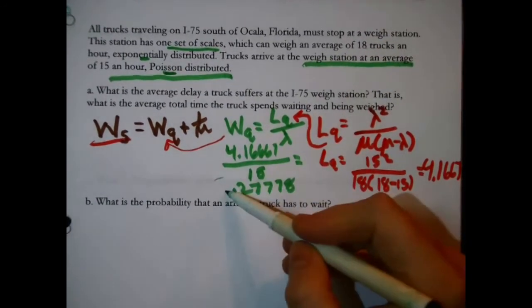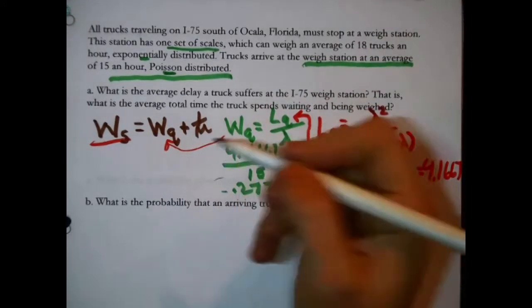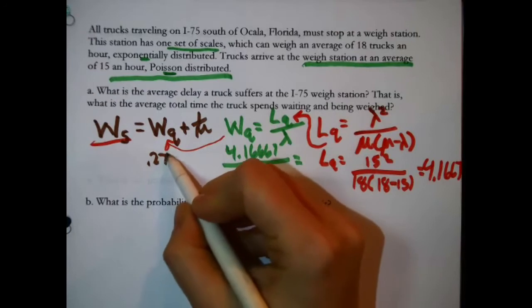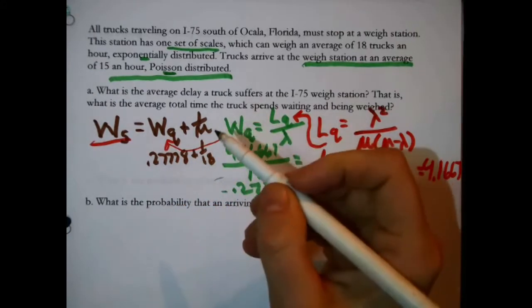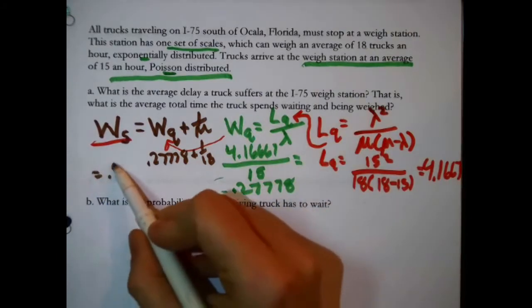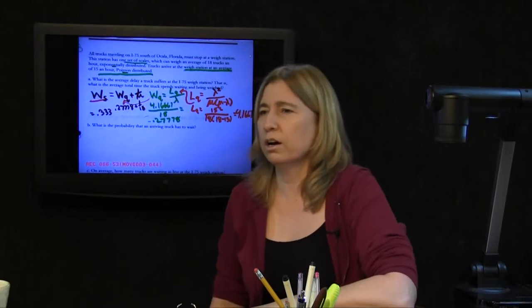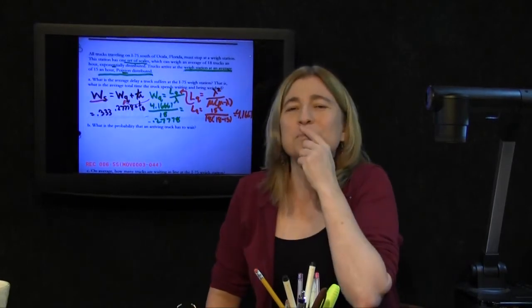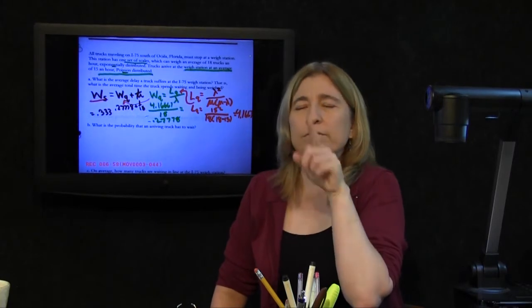Then take that number, backing up, finally, 0.27778 plus 1 over 18. I get 0.3333333 some odd.